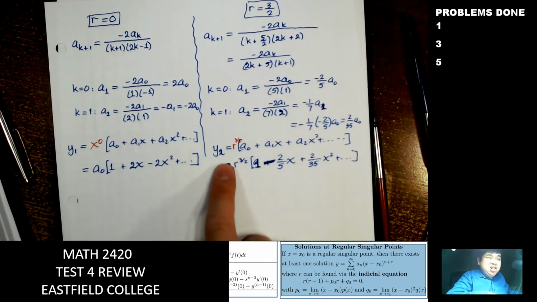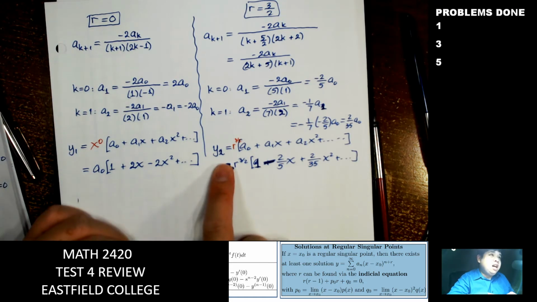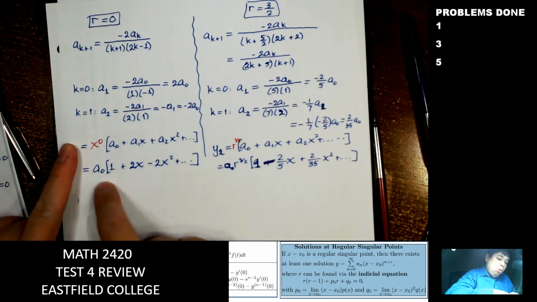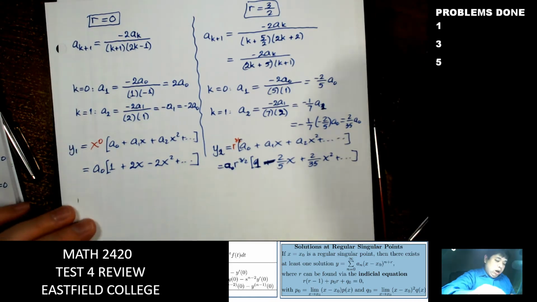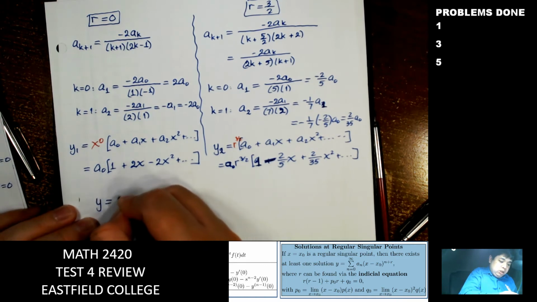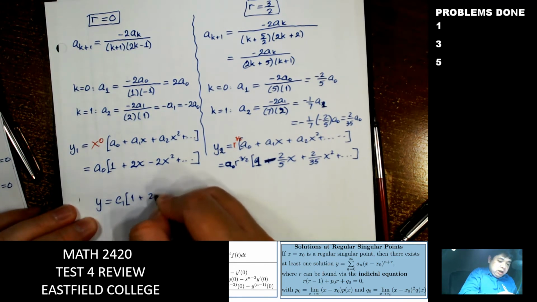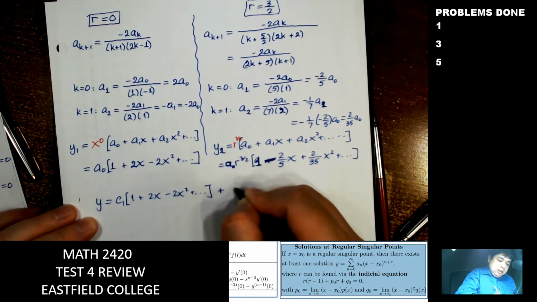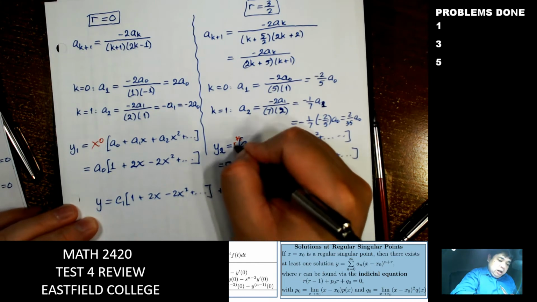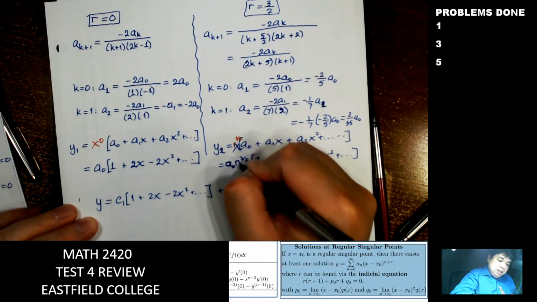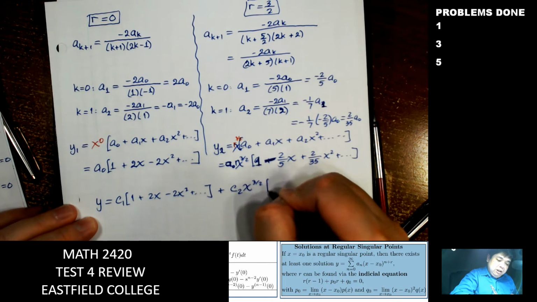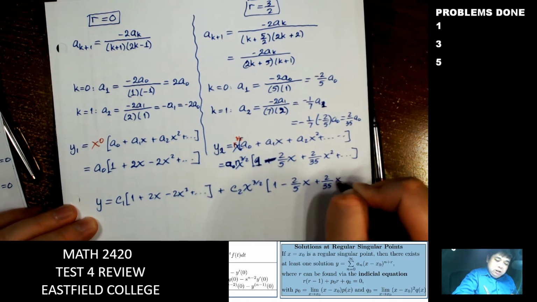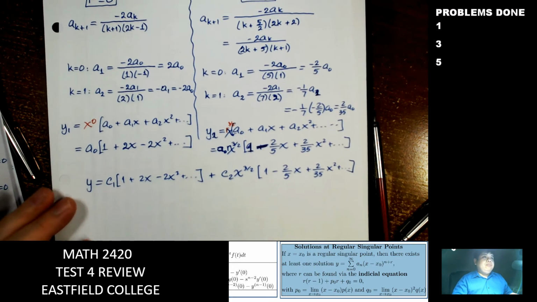Anyway, in the y1, y2 fundamental set of solutions, we don't really need to have the constant in front. So we can attach the c1 and the c2 into it if we want to. So I write y equal to c1 times 1 plus 2x minus 2x squared, and so on, plus c2, I don't know why I wrote r, but it's supposed to be x, x to the 3/2 times 1 minus 2/5 x plus 2 over 35 x squared, and so on.